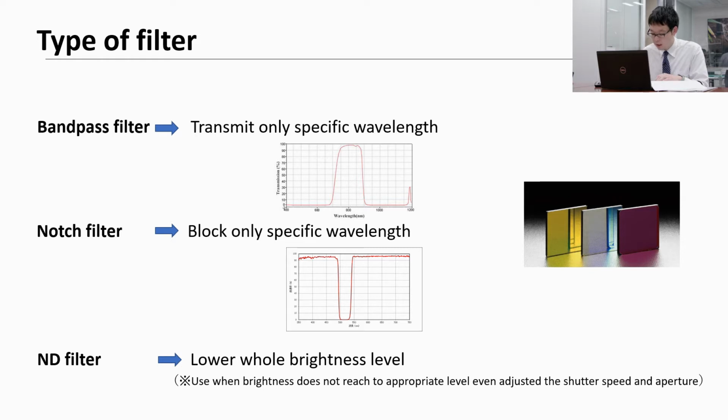A notch filter is a filter blocking only specific wavelengths. Third one, the ND filter. An ND filter is a filter lowering the overall brightness. We usually use it when we cannot adjust the brightness of the image by only adjusting the shutter speed and aperture.